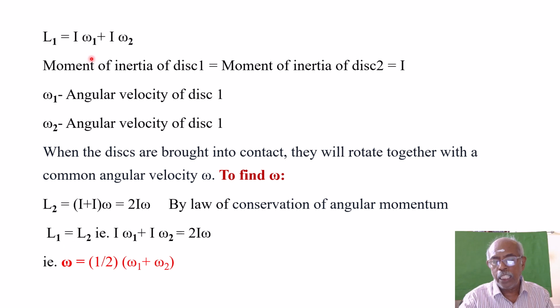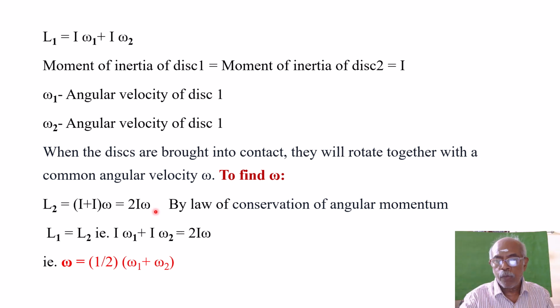L1 is I omega 1 plus I omega 2. L2 is the total angular momentum: the moment of inertia is I plus I, that is 2I, into the common angular velocity omega.